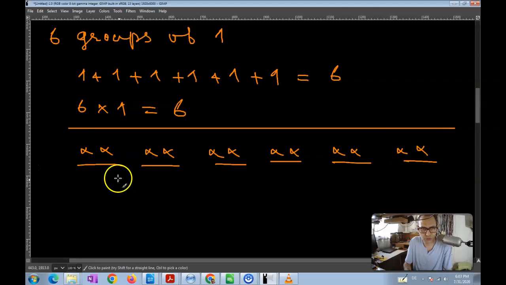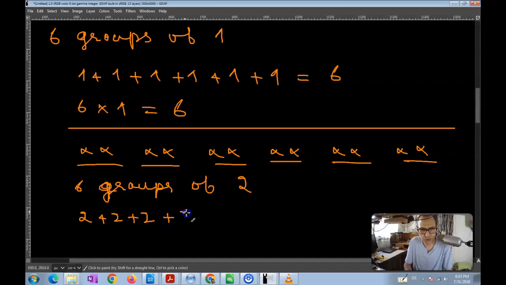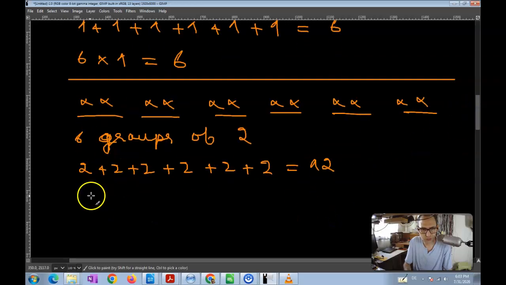The total number of objects would be a 2 plus a 2 plus a 2 plus a 2 plus a 2 plus a 2, 6 times, which is equal to 12, right? And of course then 6 groups of 2 would be 6 times 2, which is equal to 12, right?